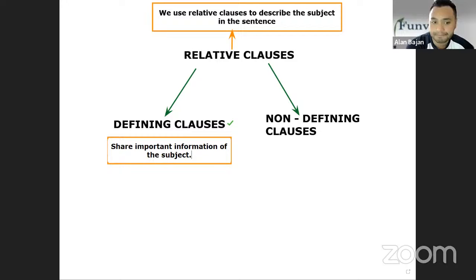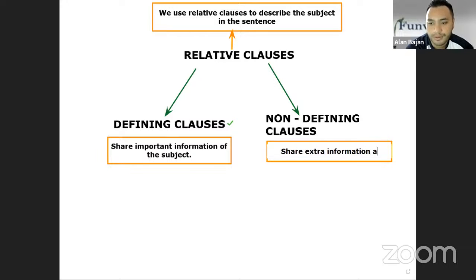Yes? And non-defining clauses share extra information about the subject.